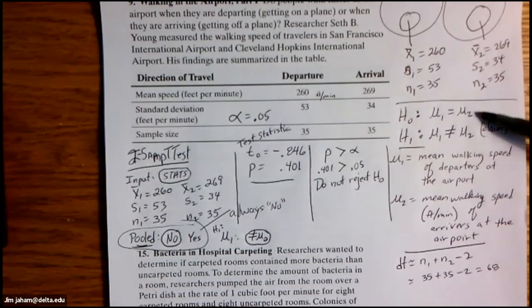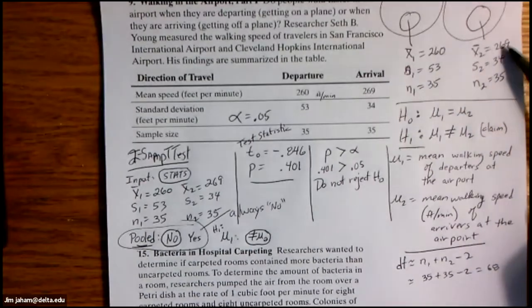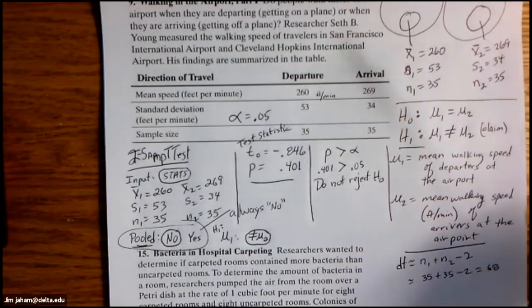Well, the claim was the alternative, so we don't have enough evidence to support the claim. And that's what we're going to write up here. We saw this difference in walking speed, but the difference that we observed is not statistically significant. So this difference could have been caused by just random sampling variation. We just happened to select some faster walkers, arrivers, than departers on that particular day, is what we're going to say.